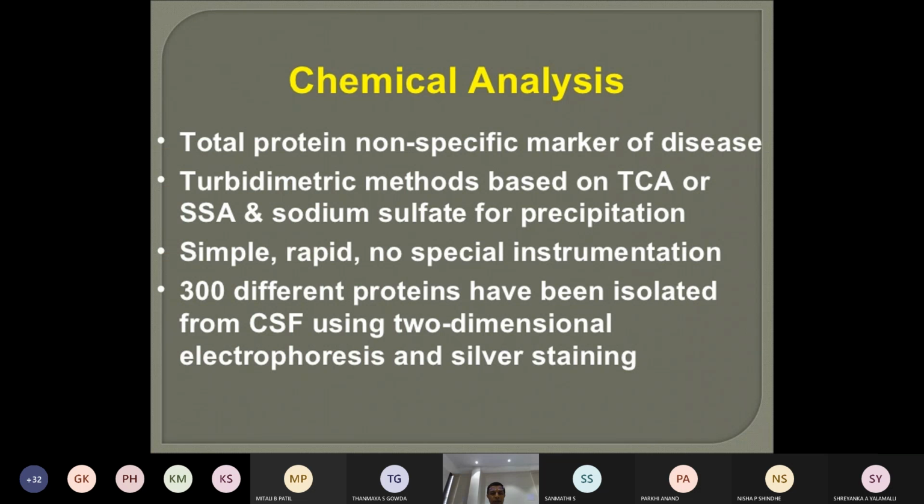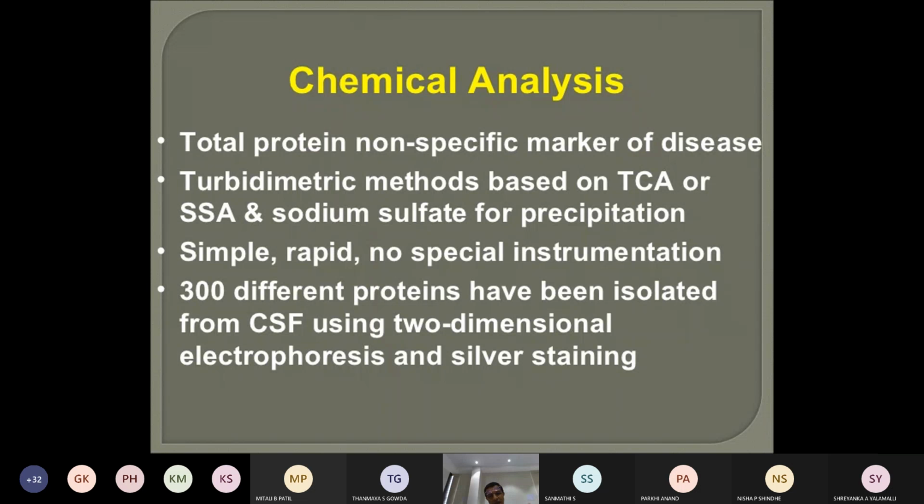Total protein analysis is a non-specific marker of disease. Laboratory methods use TCA (trichloroacetic acid), SSA (sulfosalicylic acid), and sodium sulfate for the precipitation of protein, and the turbidimetric method can be used for estimation. This is simple and rapid, with no specific instrumentation. About 300 different other proteins can be estimated; they have been isolated from CSF using two-dimensional electrophoresis and silver staining.